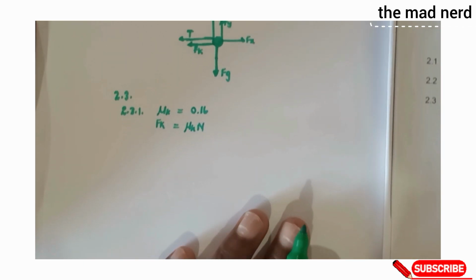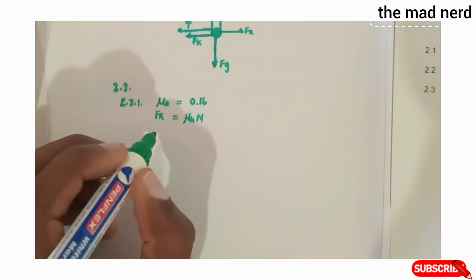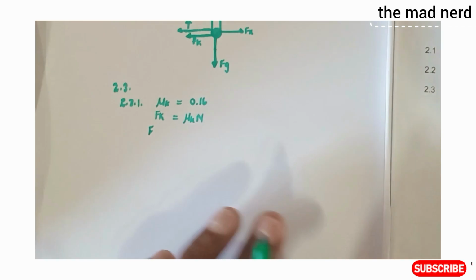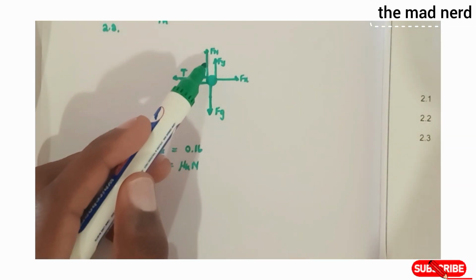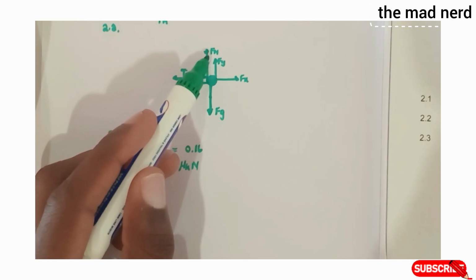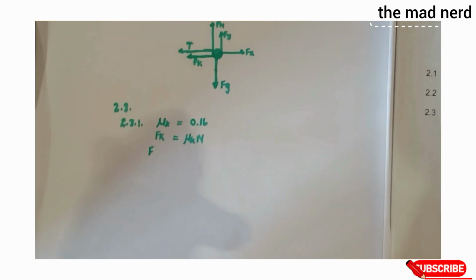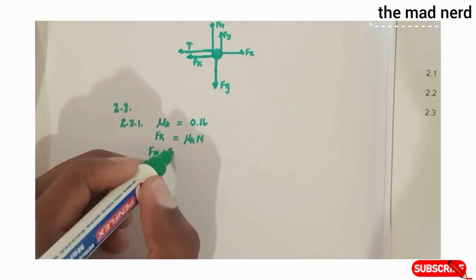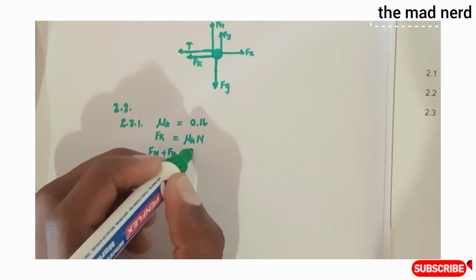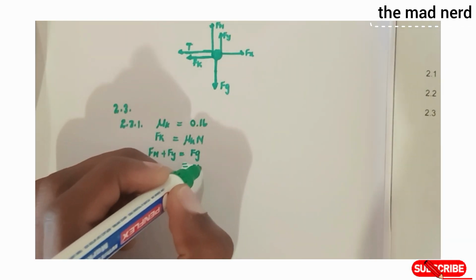Since we have a mu k, let's find out the value of the normal force. Looking at this labeled free body diagram, Fn plus Fy is equal to Fg, that is Fn plus Fy equals Fg, and Fg is equal to mg.